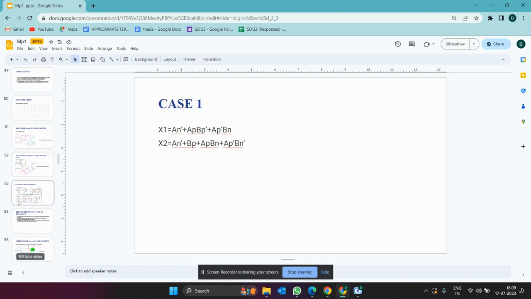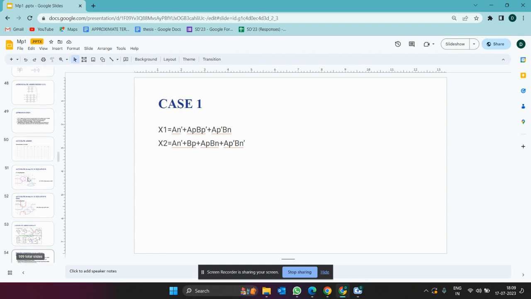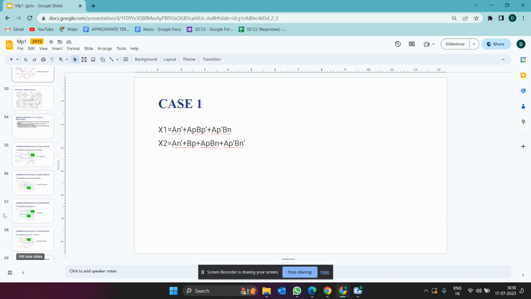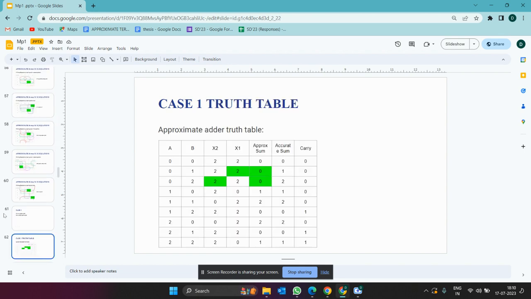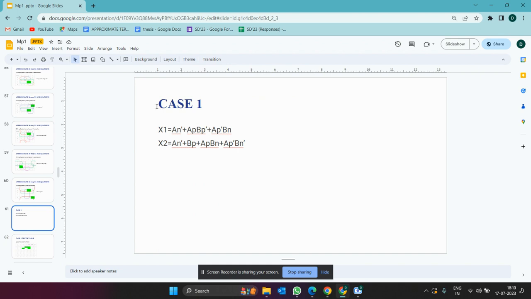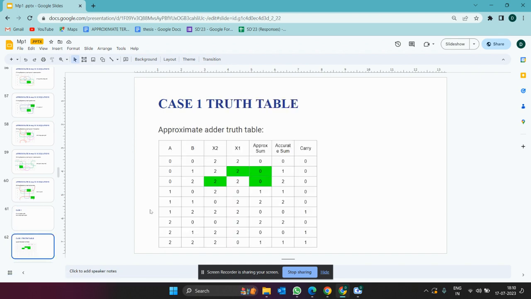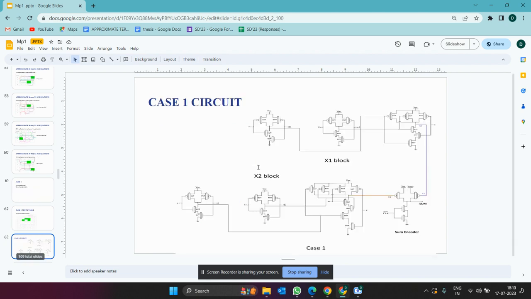For the first case we have considered the equations without errors, and after that we have taken the probability of all the cases, and we have mixed and matched it, and we have taken the truth tables for it. After getting the equations, we have drawn the truth table for that, and we have got the errors here exactly.